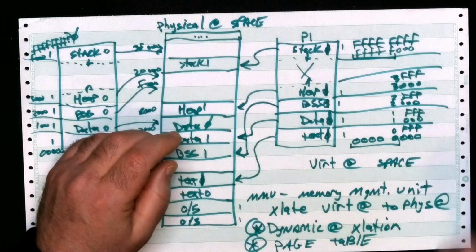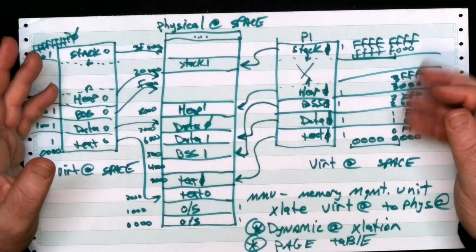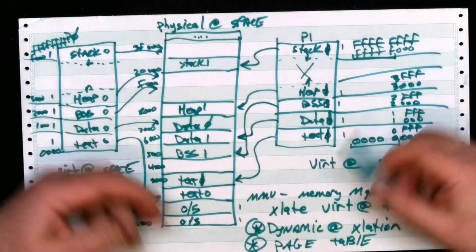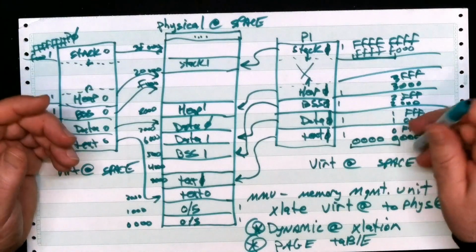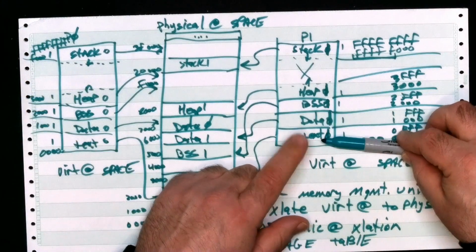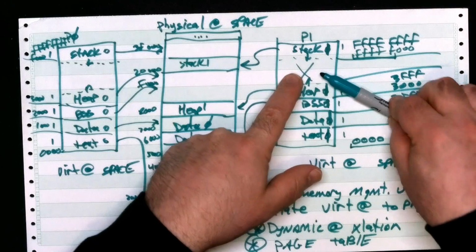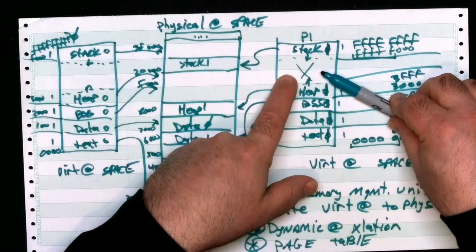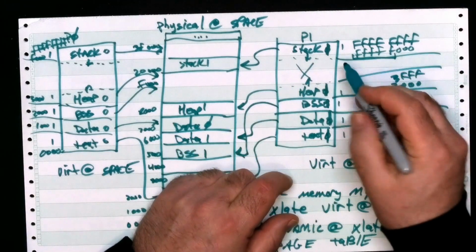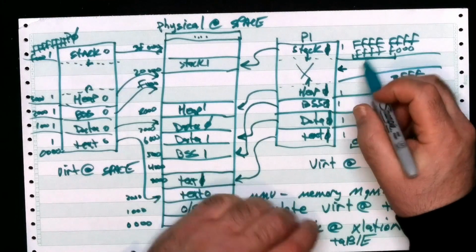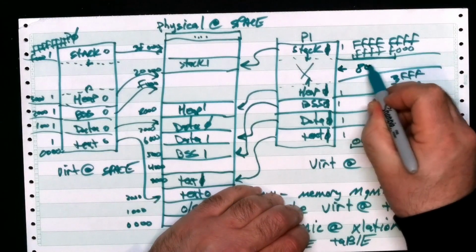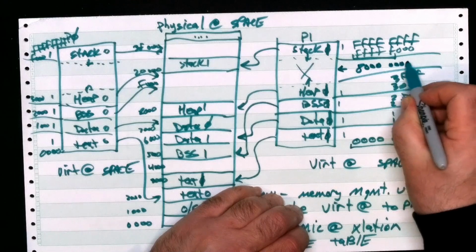I can run as many processes as I want, as long as I have enough room to hold all those page tables. All right. Now, let's say this process is going along and it reads a value from some memory address that's in this region in here. Maybe it wants to talk to something at 8000000.